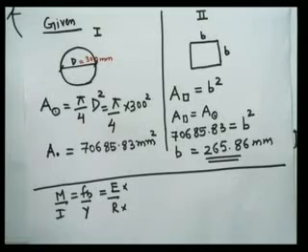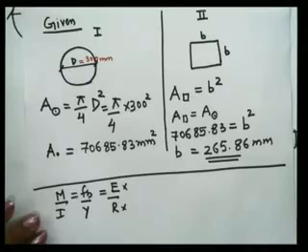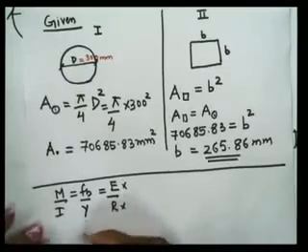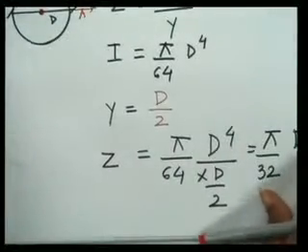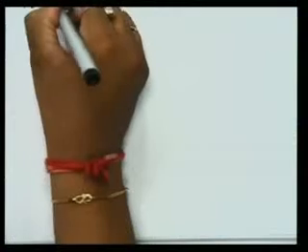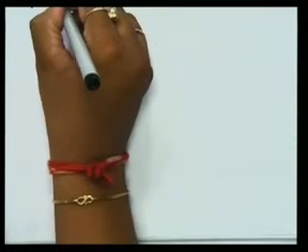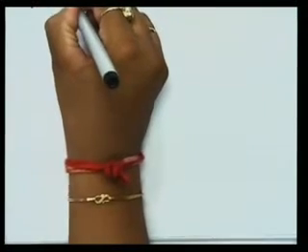So the value of Fb for both cases will remain the same. Now I will find the moment of resistance for the circular section.